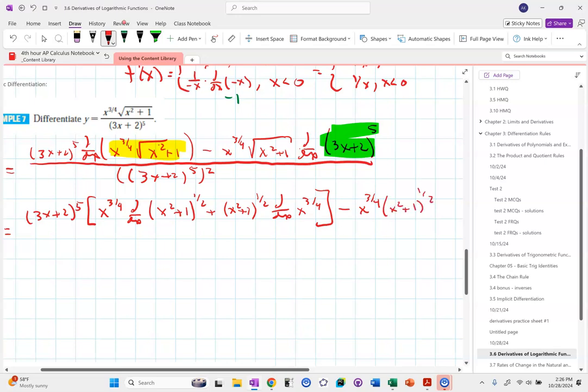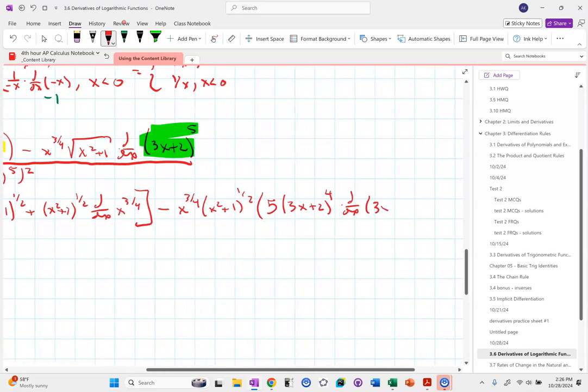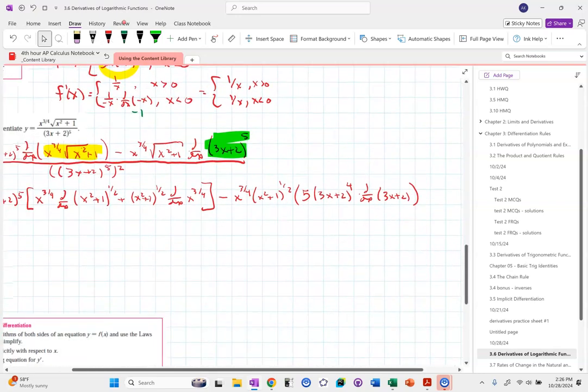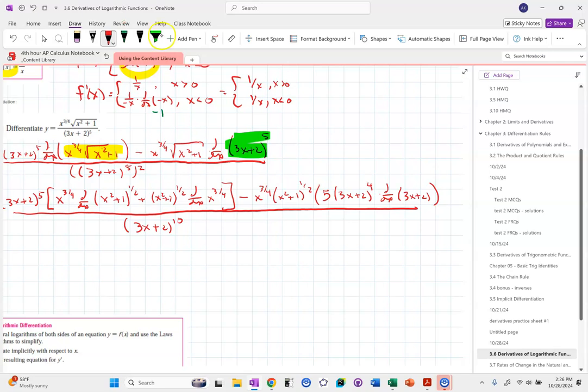Yeah, that's a chain rule. Ugh. All right, let's keep going.